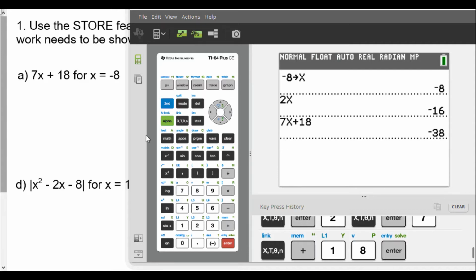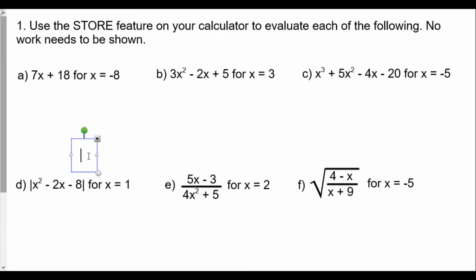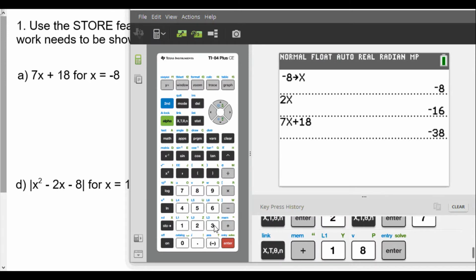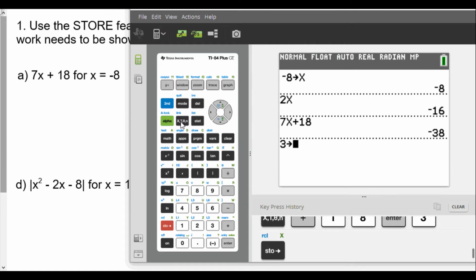The second question has us using x equals positive 3 for 3x squared plus -2x plus 5. So let's do store again. x equals 3, so 3, store, x, enter.